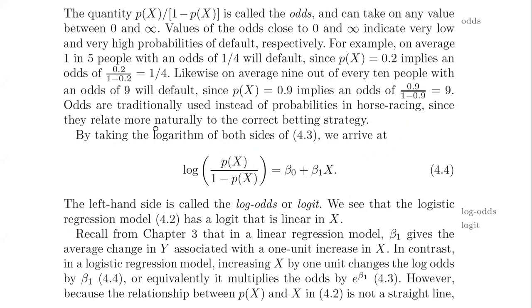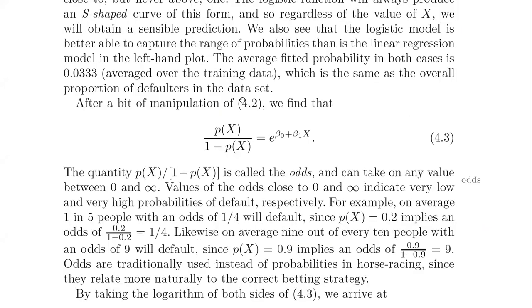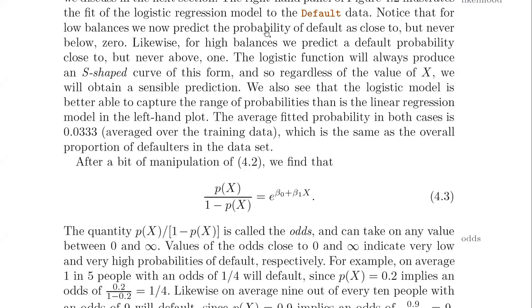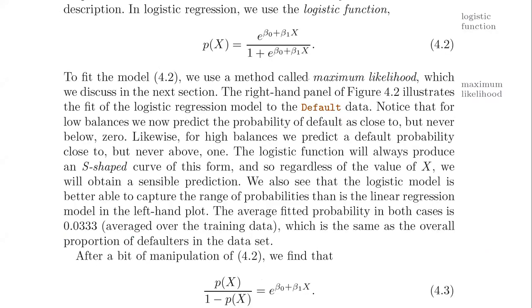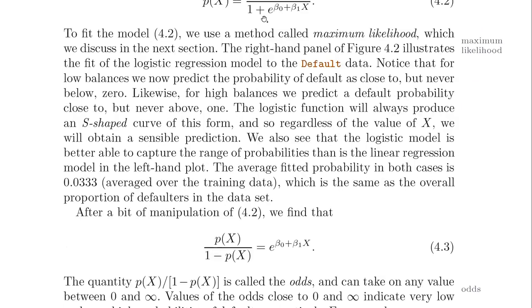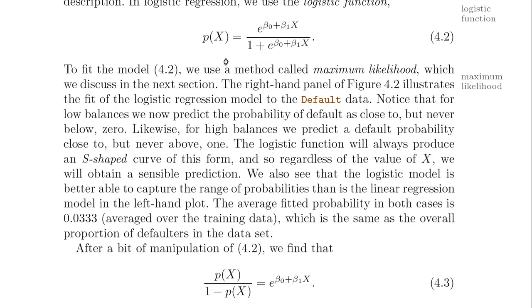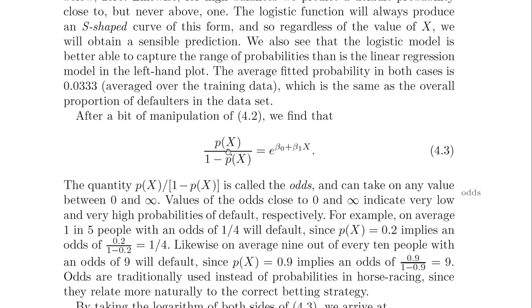Now, after a bit of manipulation, we're taking this and simply cross multiplying. So pink times pink, then we, etc. And what you can do is make this the subject of the formula, and it is equal to the probability of default given x divided by, well, if it's 1 minus, this would be the probability of not defaulting.